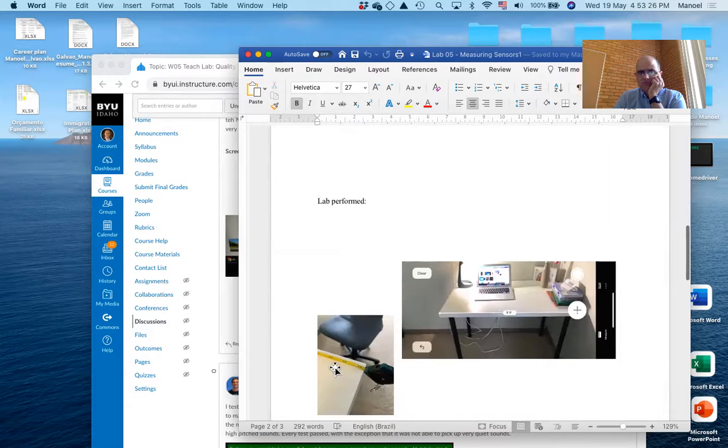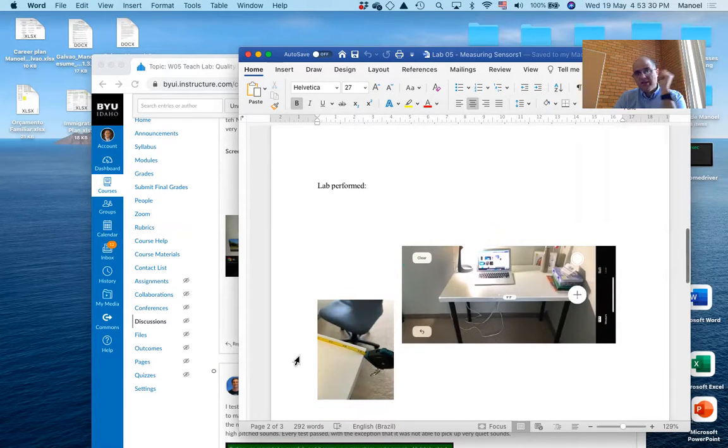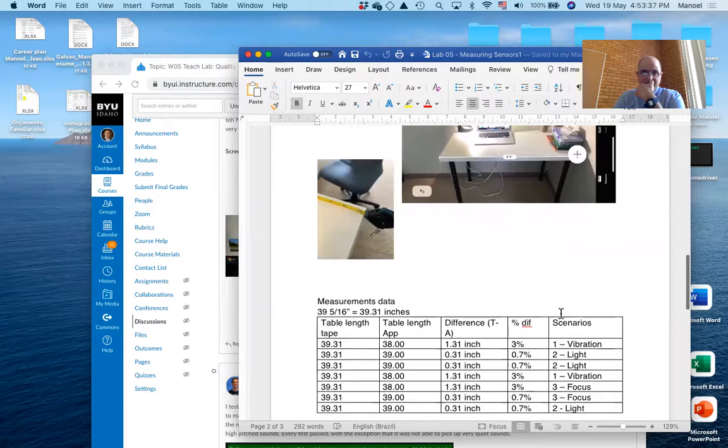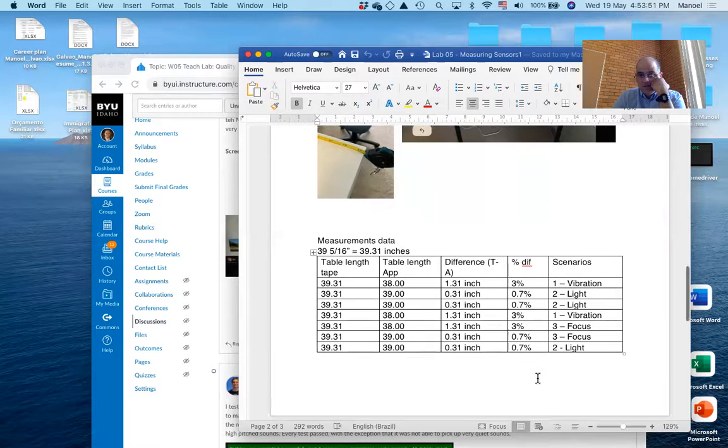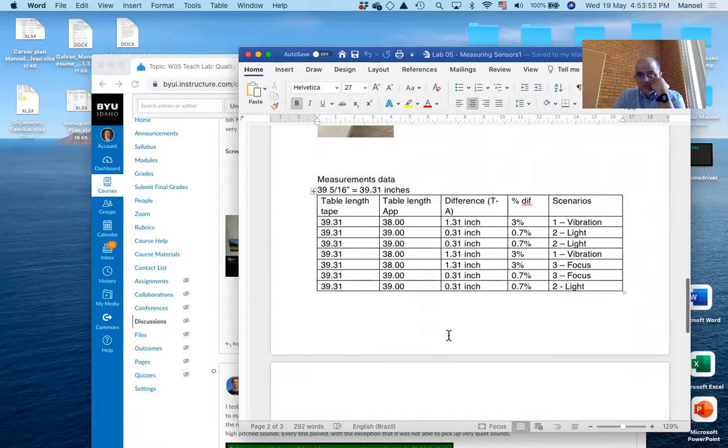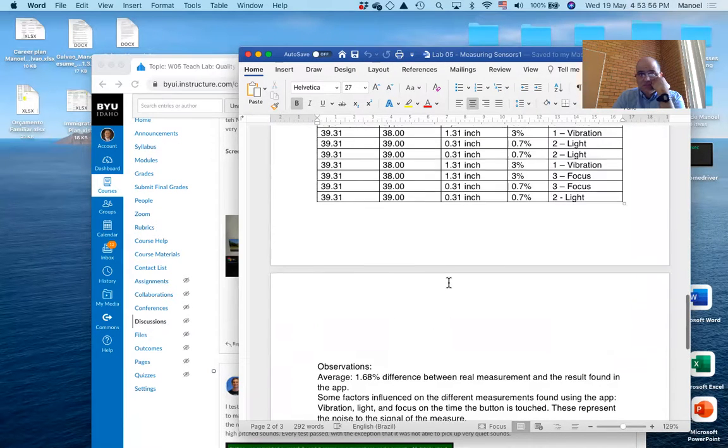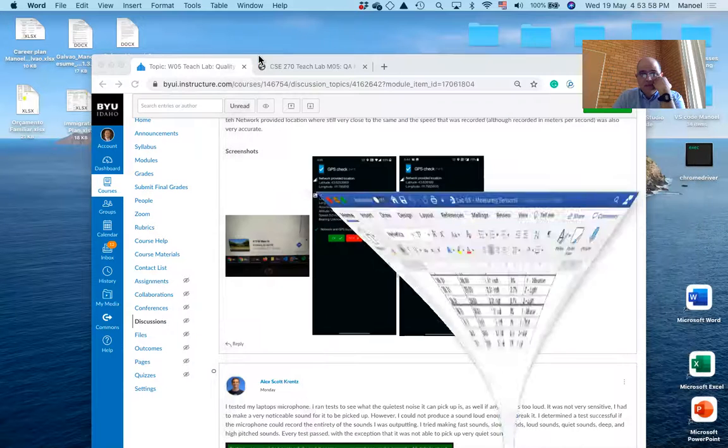He measured the length of the table with the tape, and then he used the app to measure again in different circumstances: scenario one vibration, scenario two different lights, and scenario three with focus or not good focusing. Then we have the results here and observations. It's pretty good this one as well.